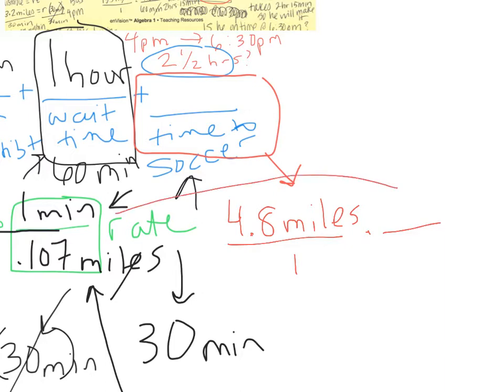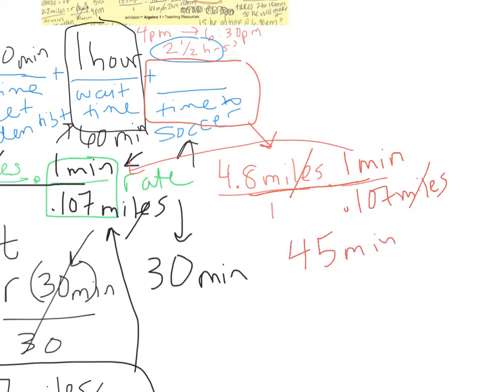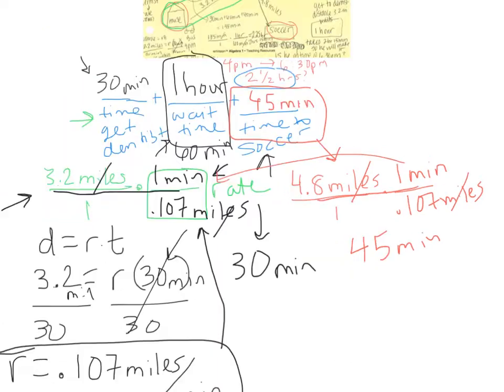The rate that we just found was that this person travels at 0.107 miles a minute. These cancel. And when we do this, 4.8 divided by 0.107, we get about 45 minutes. So the time to get to soccer is about 45 minutes.